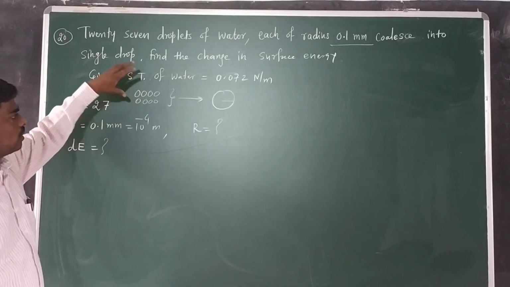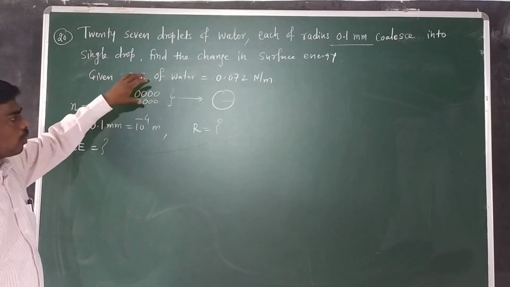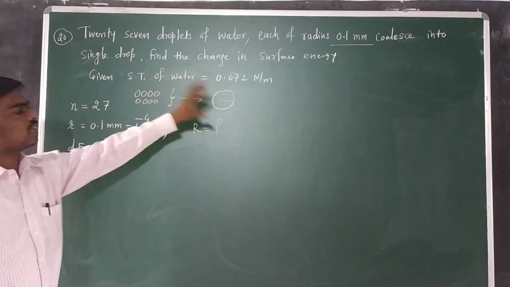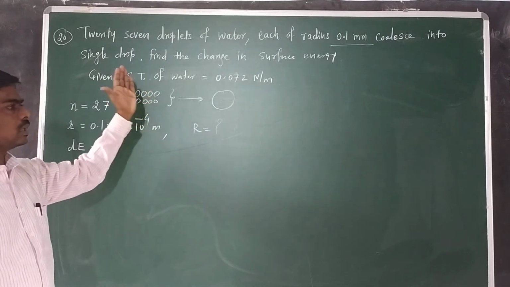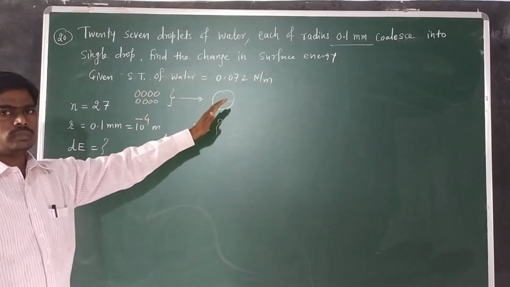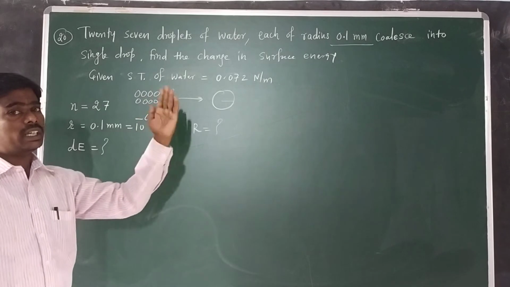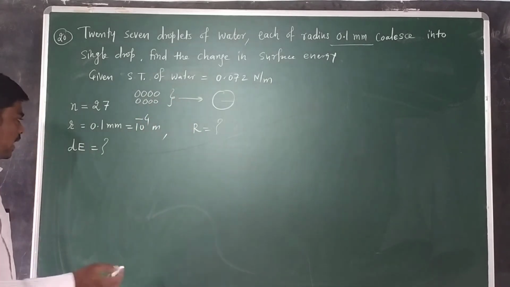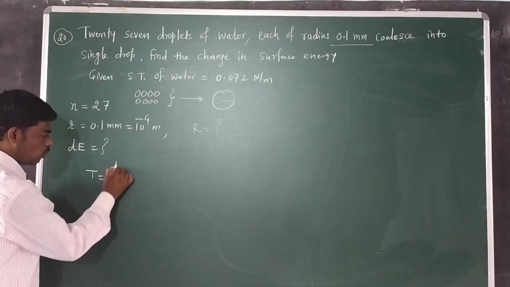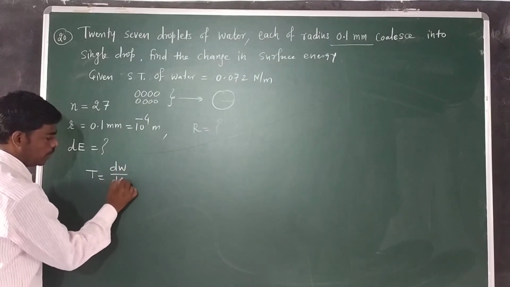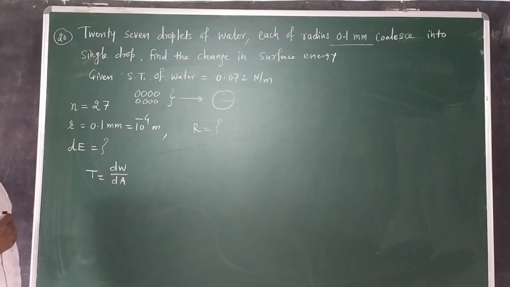So look at the process. What happens here? A number of droplets combine to form a single drop. Whenever a number of droplets combine to form a single drop, there will be a decrease in surface area. We know that surface tension T is nothing but work done per unit change in surface area.